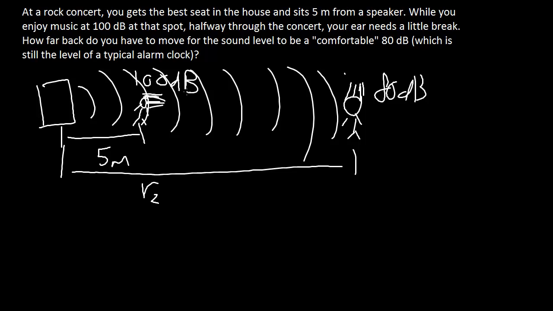What's different about this example is we're not given the original power. We're still going to have to assume that the area spreads out as the square of the radius. It may not be perfectly spherical, but it should still spread out as you move further and further away.